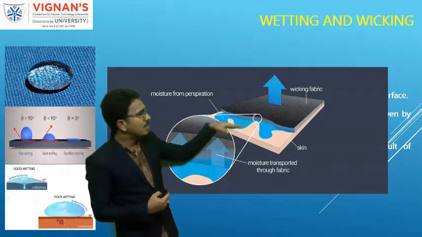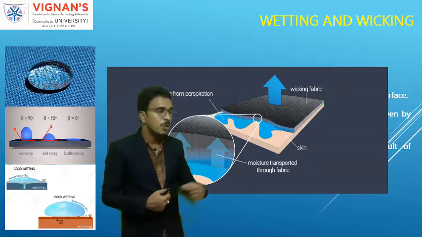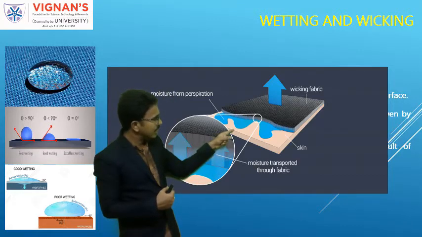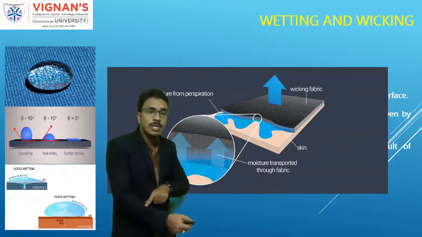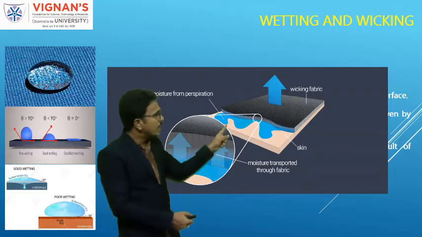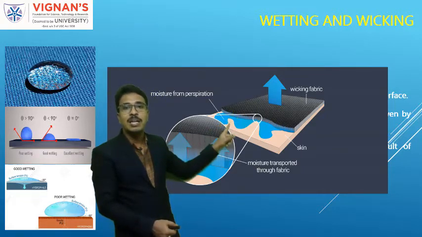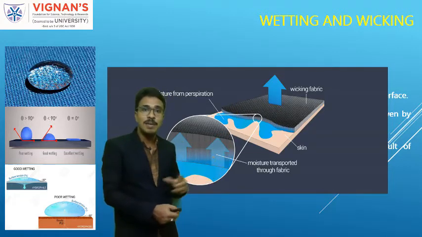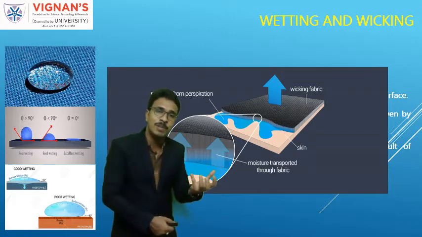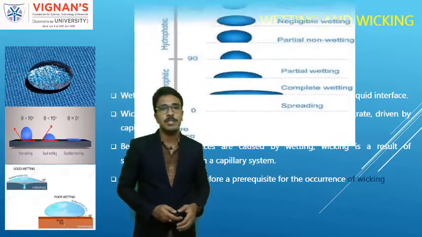Now, whatever fabric we are wearing, this sweat will escape through the layer of fabric which is in direct contact with the skin. Through that layer the moisture, or sweat, will wick. That means the sweat will go away from the body in the form of wicking. So this is this image.